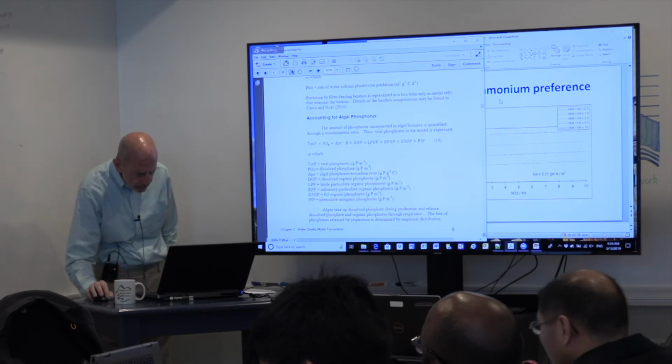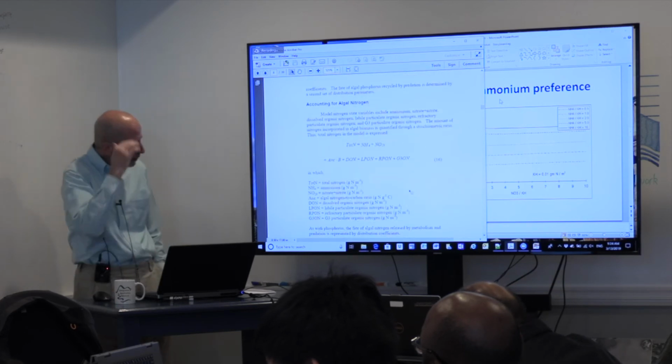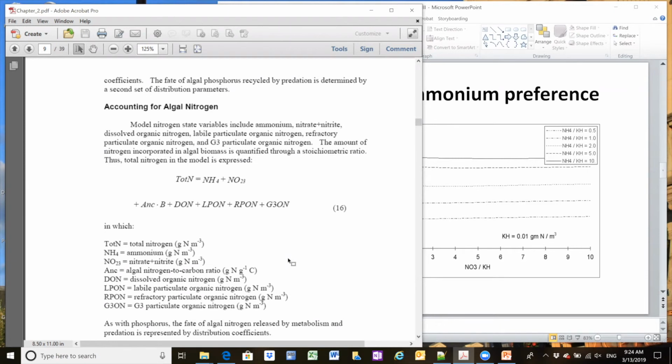Let's go down. Similarly, we have a nitrogen to carbon ratio. Implicit in the expression for total nitrogen is the nitrogen content of the phytoplankton.